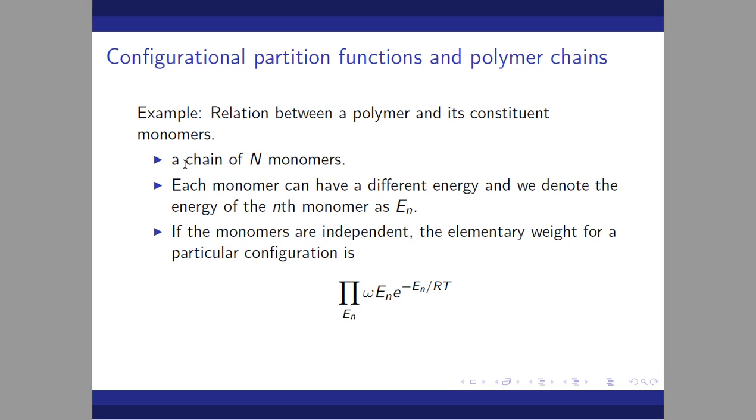So if we have a chain of n monomers, and each monomer can have a different energy, we denote the energy of the nth monomer as En. Even if the monomers are independent of each other, the statistical weight for a particular composition is equal to the product of omega(En) exponential minus En over RT for each monomer.